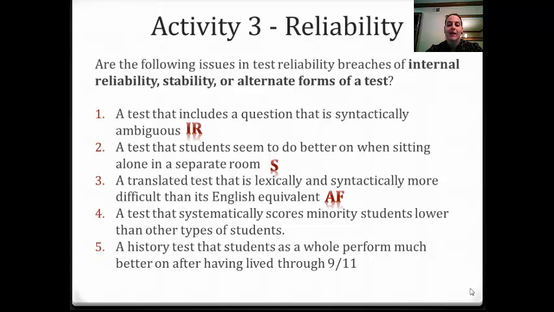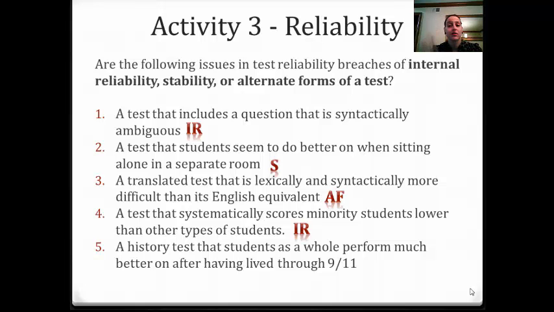Number 4, a test that systematically scores minority students lower than other types of students. Internal reliability, okay, so even though this particular example doesn't talk about a question in mind, the fact that minority students are automatically going to be scored lower than other types of students because of their background tells us that the types of questions in the test are not doing a good job of focusing only on how well prepared the student is, right?